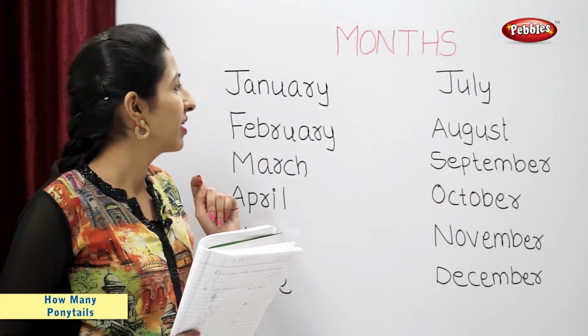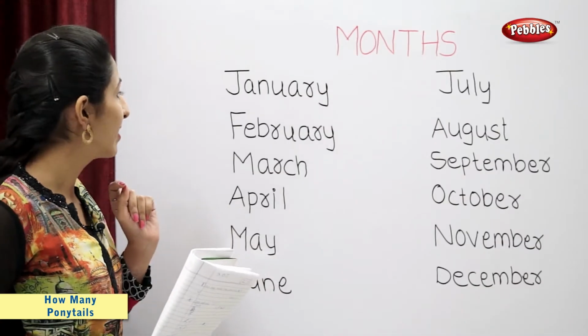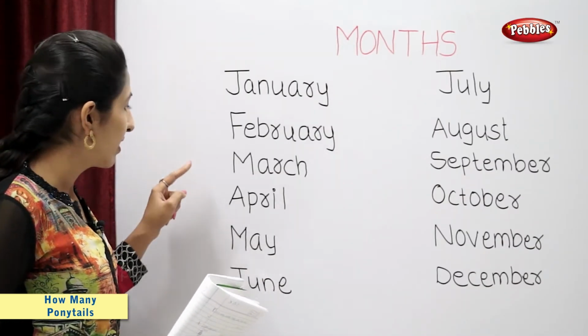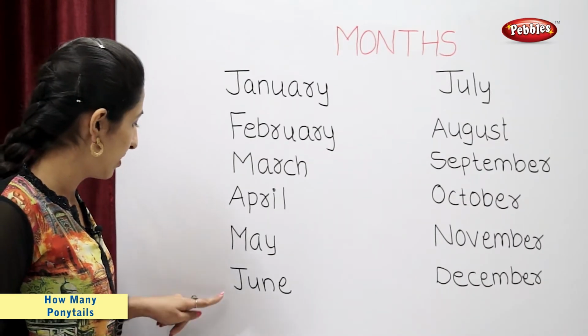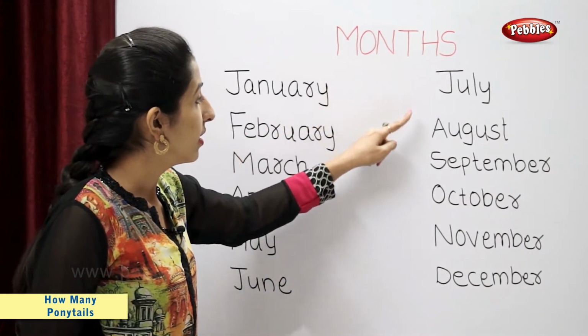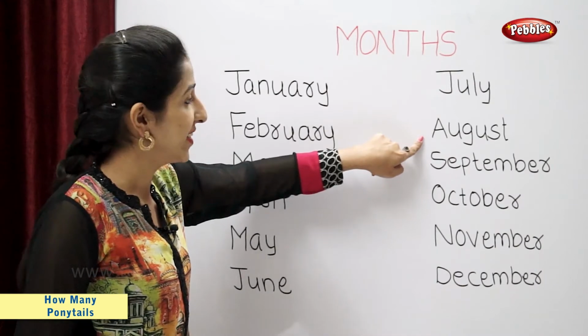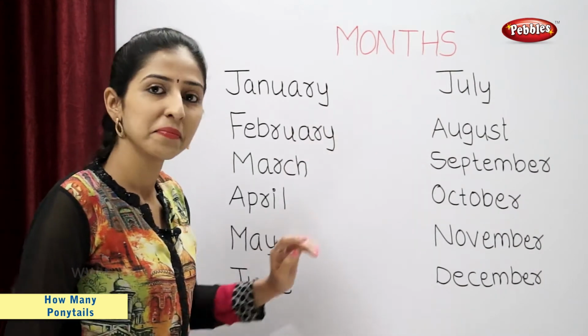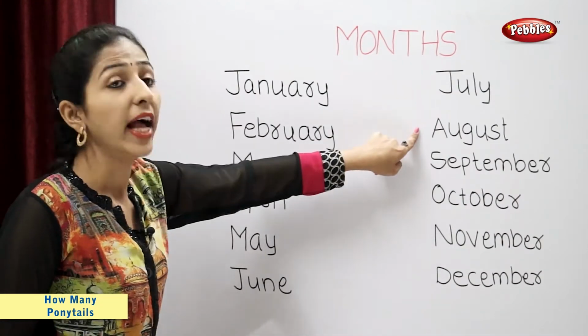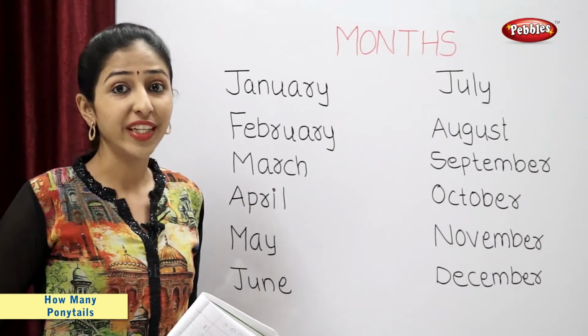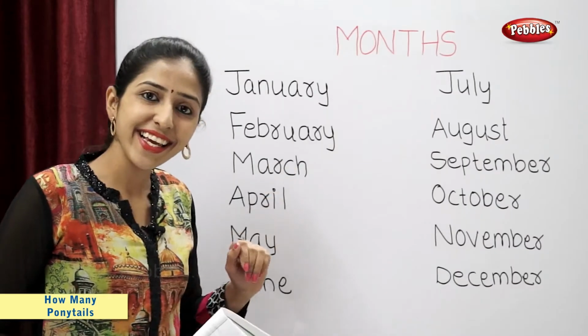Let's find out. A. April. August. So there are 1 and 2 months starting with letter A.